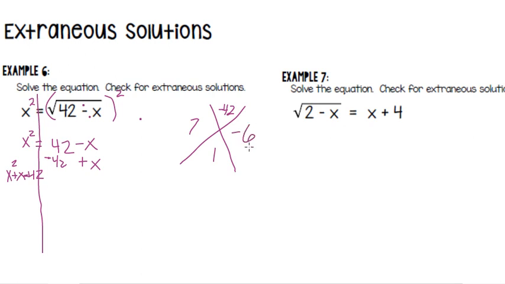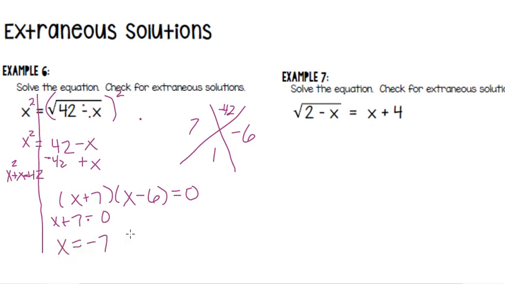So at this point, I'm going to say that this whole piece here, x squared plus x minus 42, is actually x plus 7 times x minus 6. And that stuff's all equal to 0. So now I'm going to solve my equation by saying that x plus 7 equals 0. So that's a possibility of x is equal to negative 7. And then x minus 6 equals 0. So that's a possibility for x to equal 6.